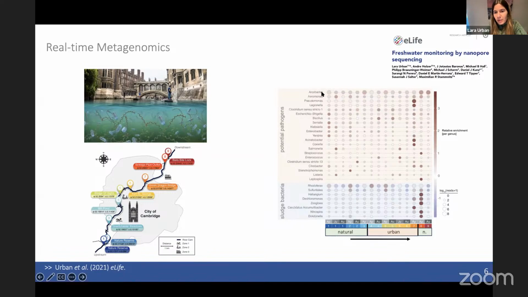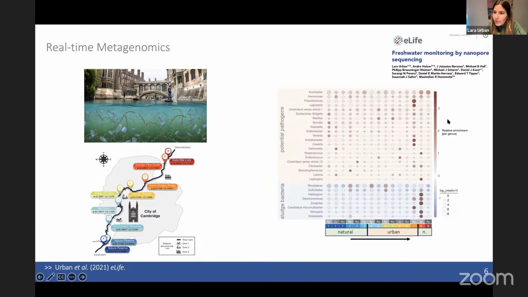Here you also see bacteria that we know are used for the treatment of wastewater in the nearby wastewater treatment plant. On the x-axis is our gradient of the river along the city, with the upstream natural environment, the more polluted urban area, and again a more natural environment downstream.